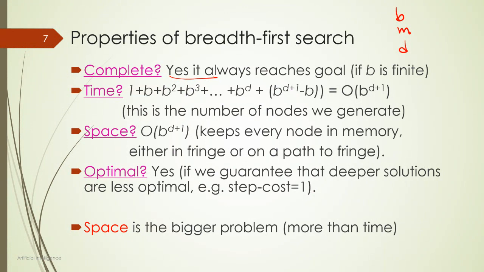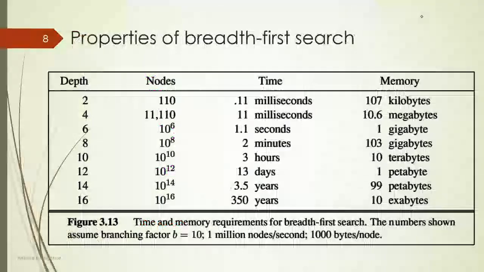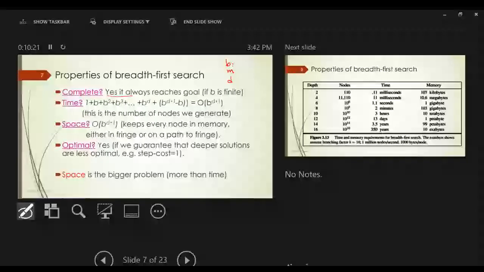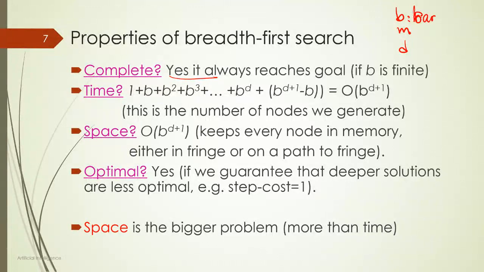If you remember, I said b, I just write it back for you. Okay, b is the branching factor. m was the maximum depth, and d was the depth we have.